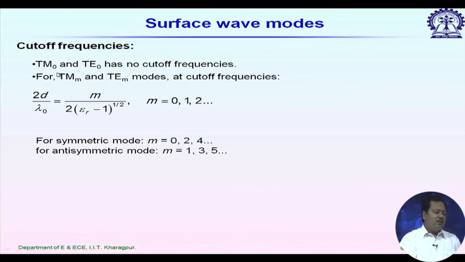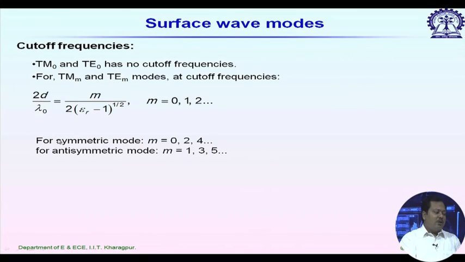So, the cutoff frequencies, some characteristics are described here. TM0 mode and TE0 mode have no cutoff frequencies. For other modes, the cutoff frequency can be solved from here: twice d by lambda naught, where lambda naught is the wavelength in free space, is equal to m by 2 into square root of epsilon r minus 1, where epsilon r represents the dielectric constant of the slab.